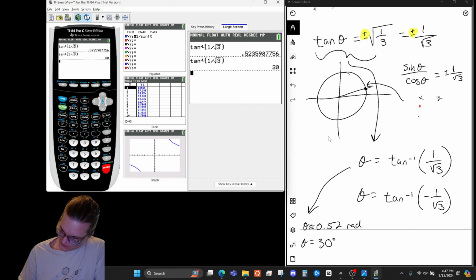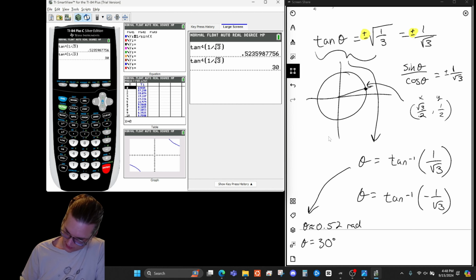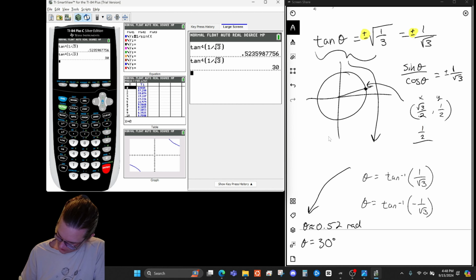At 30 degrees, you have x is √3/2 and y is 1/2. And you put one over the other. In tangent, you put 1/2 over √3/2. That's going to be 1/2 times 2/√3, which gives you 1/√3.